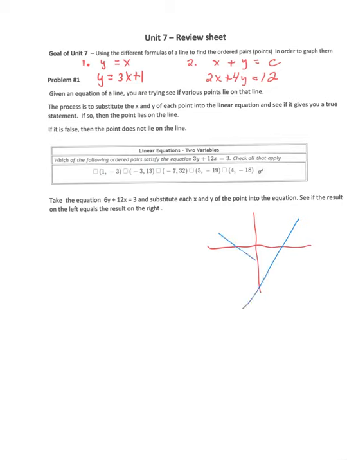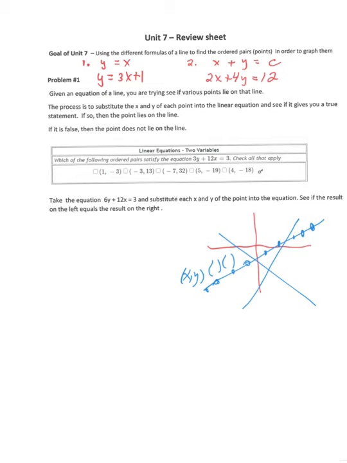Each one of those has its own equation. And the points that lie on those lines are xy points. That means every x and every y that you substitute into the equation for that line should make the equation equal on the left as well as on the right.